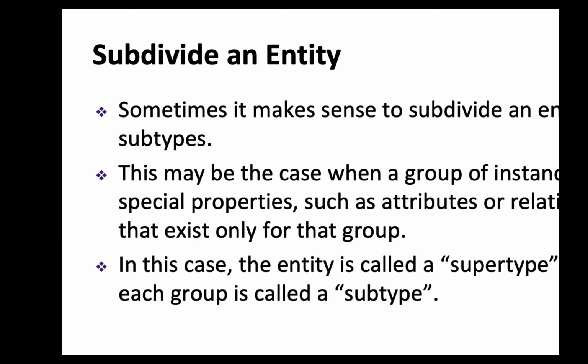In this case the entity is called a supertype and each group is called a subtype. So in the previous example, payment is a supertype and card, cash, and check are the subtypes. Just like animal, we have subtypes: vertebrates or invertebrates, right?